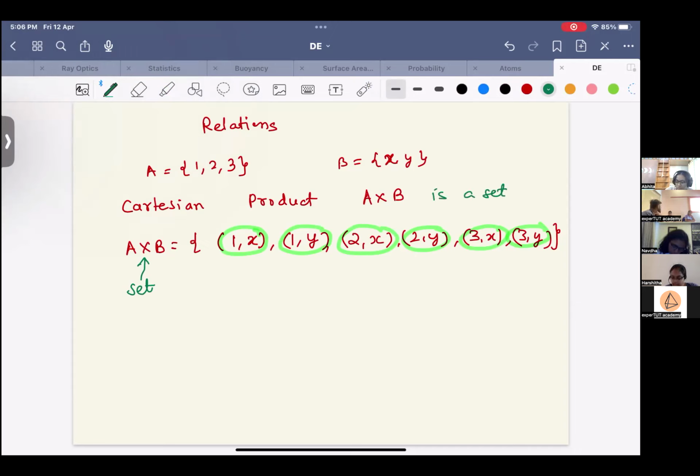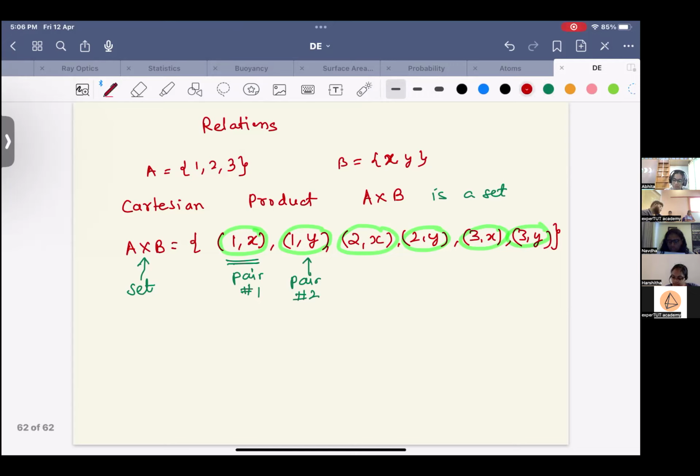And each of these elements is a pair. Each element, this is one pair, pair number 1. This is pair number 2. Okay? Understood, everyone?